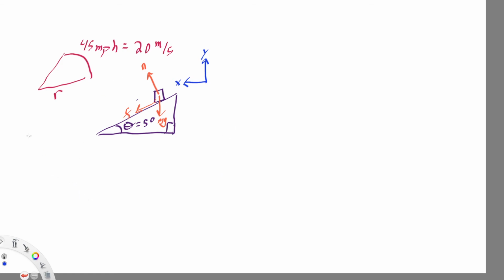So when we go to break down the vectors, we're going to have to do a little bit of work, right? Using this definition of coordinates, our weight will be only in the y direction. But we're going to have to work a little bit for our normal force and our friction.